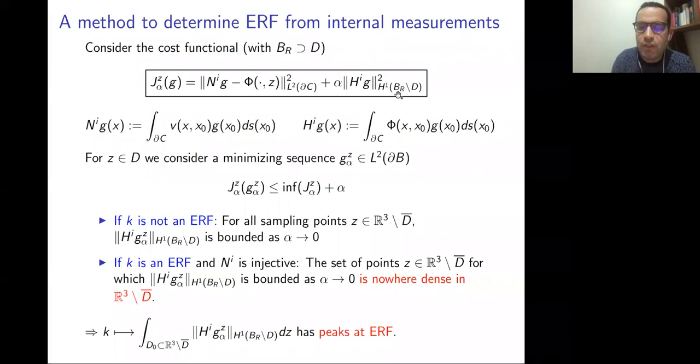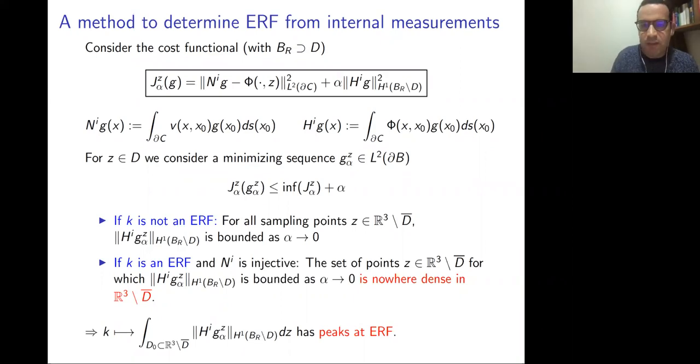This is some domain that encloses D. This is the correct penalization, and you obtain basically the same type of results as for the exterior problem. If you are not hitting the scattering poles, then this quantity is bounded as alpha goes to 0 for this minimizing sequence, under this extra assumption. If you are hitting scattering poles, then this quantity will blow up.